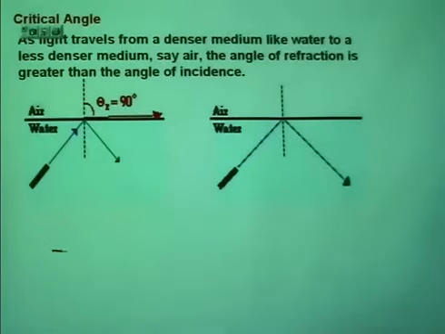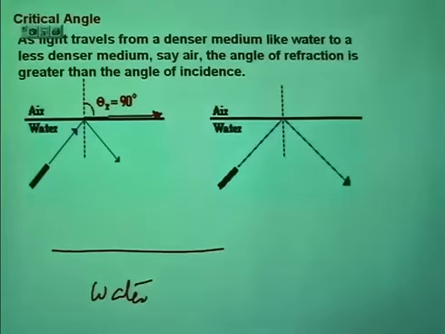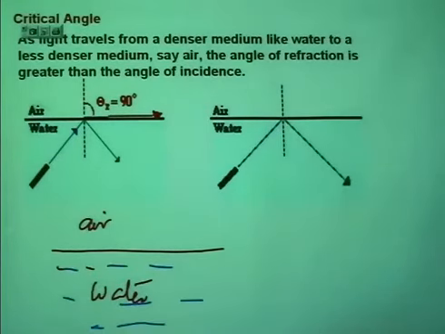Alright, now I have water down here and air up there. If I have a ray of light coming from water into air, and I draw the normal, it is going to bend away from the normal.